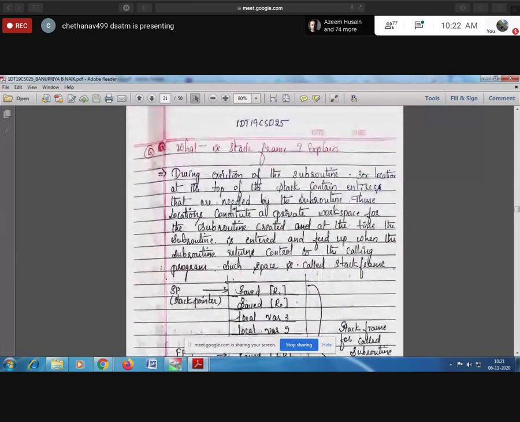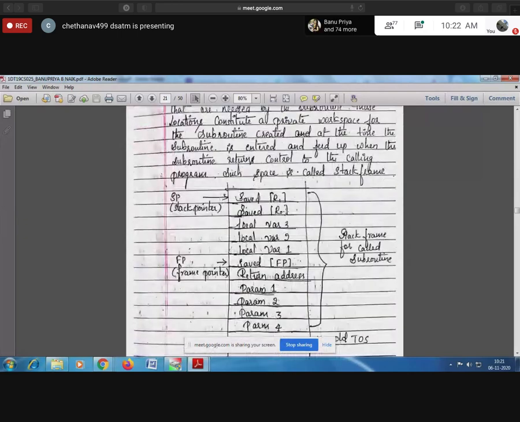Now we have the stack frame. It's very simple. What is a stack frame? One thing you should remember: main will call n number of functions, that is subroutines. Now how will the main function and sub functions be related? I want to keep track of where to return after the subroutine is executed.